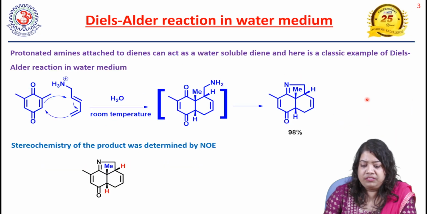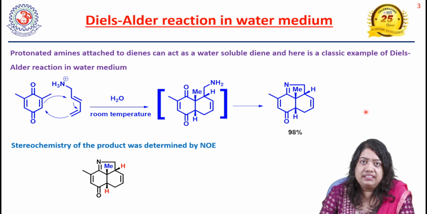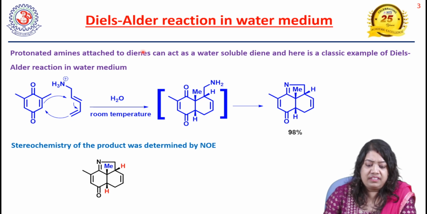Here I am going to discuss one classic example of Diels-Alder reaction in water medium. Protonated amines attached to the dienes are taken as the diene component, and substituted benzoquinone is taken as the dienophile component.